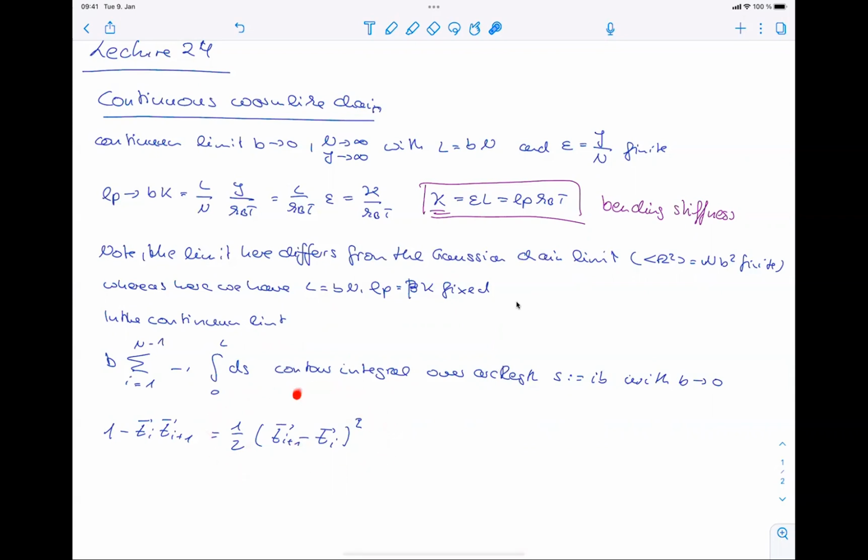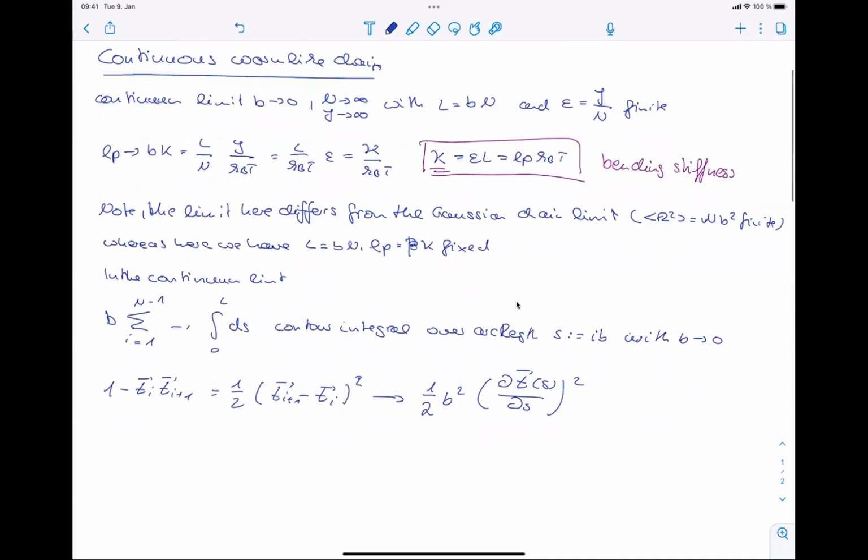And now this formulation, if we take the continuum limit, becomes a half b squared times the contour derivative of the tangent, parameterized by the arc length, squared.